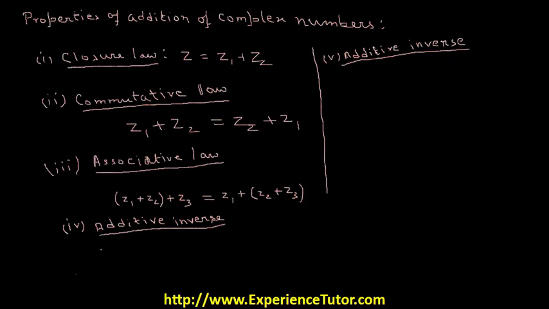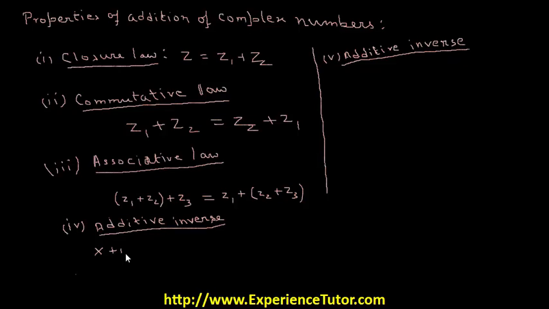So we can write it as for every complex number x plus iy we have 0 plus i0 is 0, which is called additive identity.